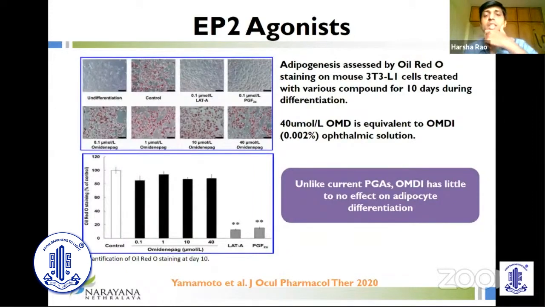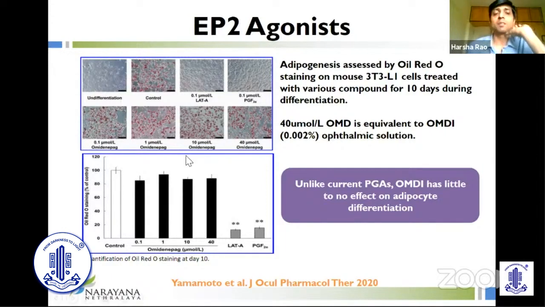One of the commercially available EP2 agonist is called the OMD, or the omidenepag isopropyl. Ibelis is its commercial name. It's marketed already in Japan.